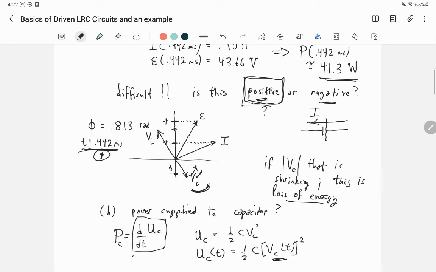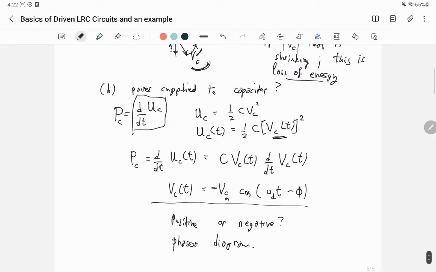So yeah, it's a loss of energy. We expect this power of the capacitor at the time 0.442 milliseconds to be smaller than 0. That is, 0 is bigger than this, right? We expect it to be negative. And you should make sure that it calculates to be negative.